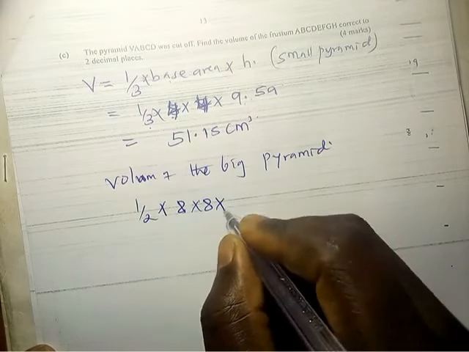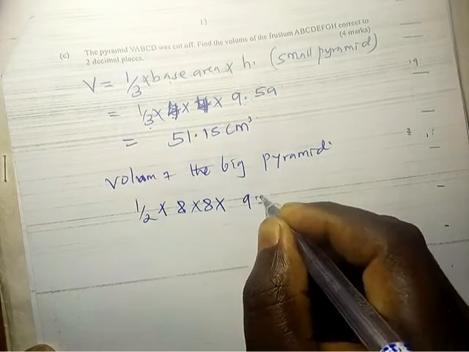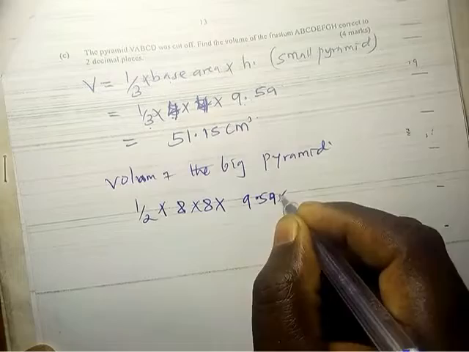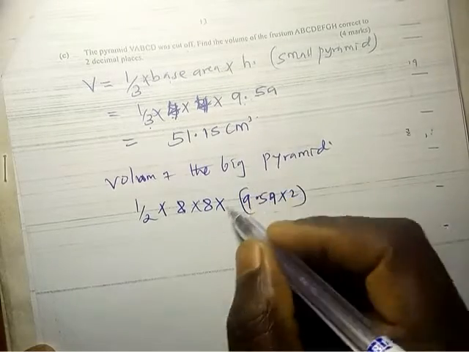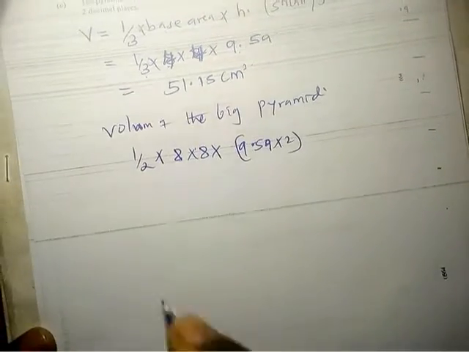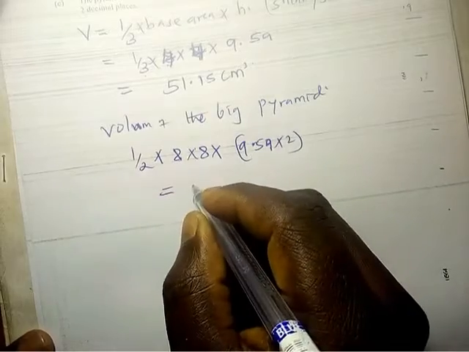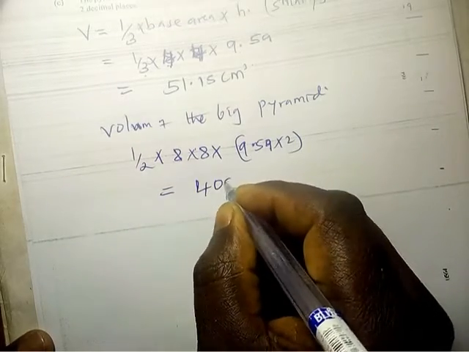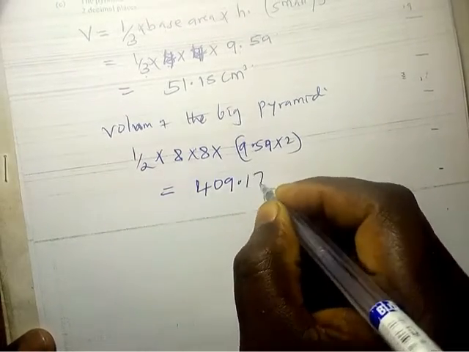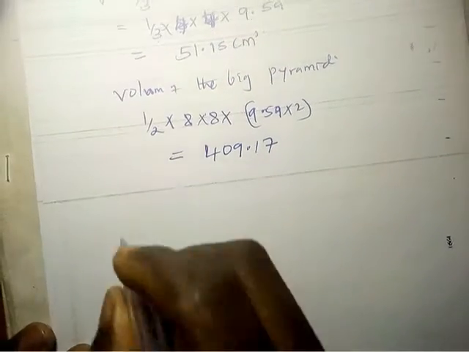So that is 1/3 times 8 times 8 times 9.59 times 2, which is the height of the big pyramid. And this one will give us 409.17.